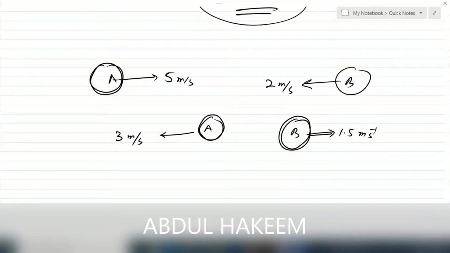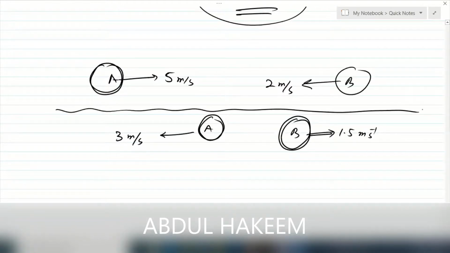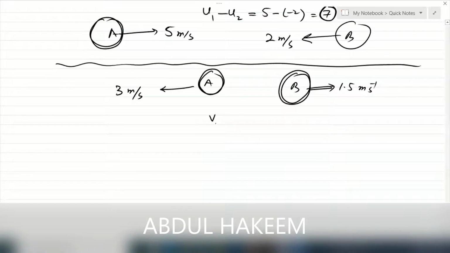We will calculate their relative velocity of approach and relative velocity of separation. So this is approach, so u1 minus u2. So 5 minus 2, it becomes 7. This is the velocity of approach. And here is the velocity of separation, v1 minus v2.